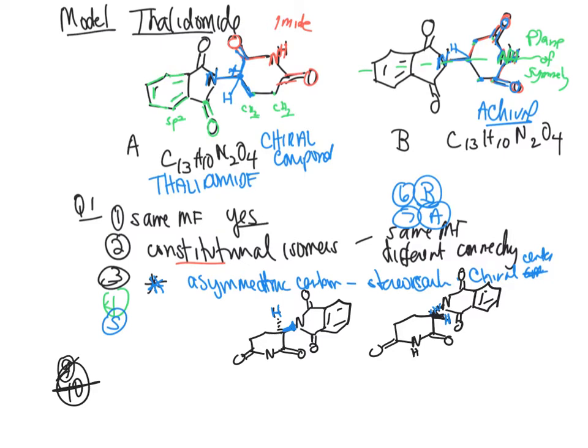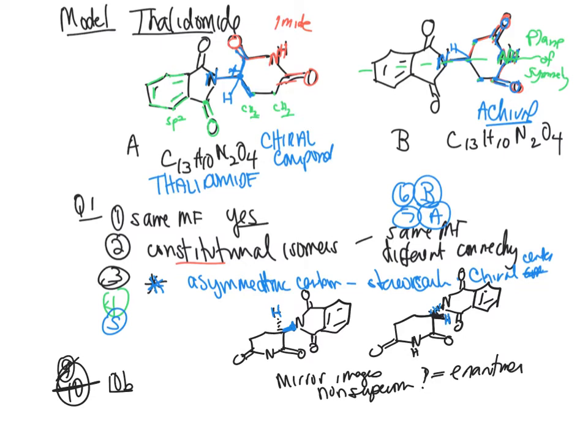Which definition, let's do 10b. Which definition from the following list best describes relationships between the two models? So if you made these two models and saw that these were mirror images of each other and they're non-superimposable, what would that be? An enantiomer.